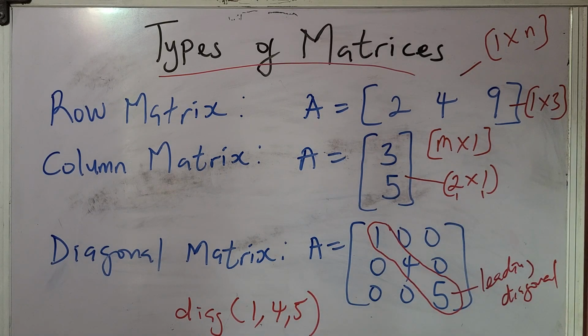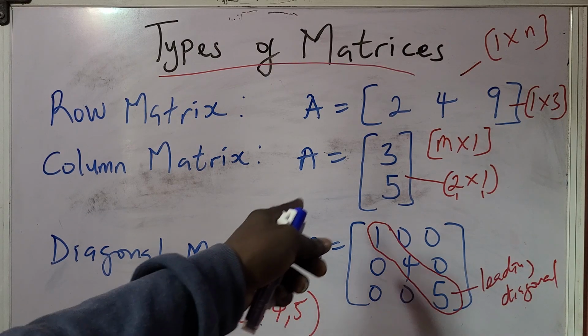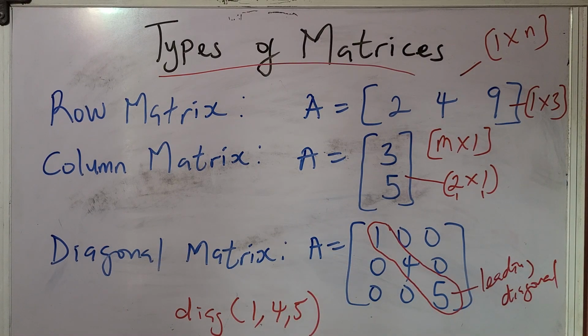You see right here, we have rewritten our matrix A as diag(1, 4, 5). When you see something given as diag(1, 4, 5), this indicates a diagonal matrix, and you should be able to write the matrix out. That means 1, 4, 5 is the leading diagonal, and every other element apart from the leading diagonal will be 0.